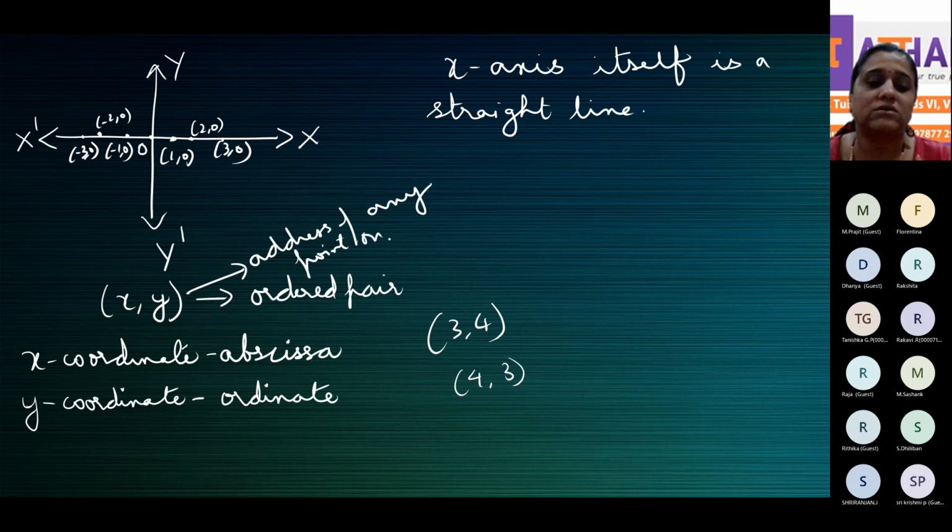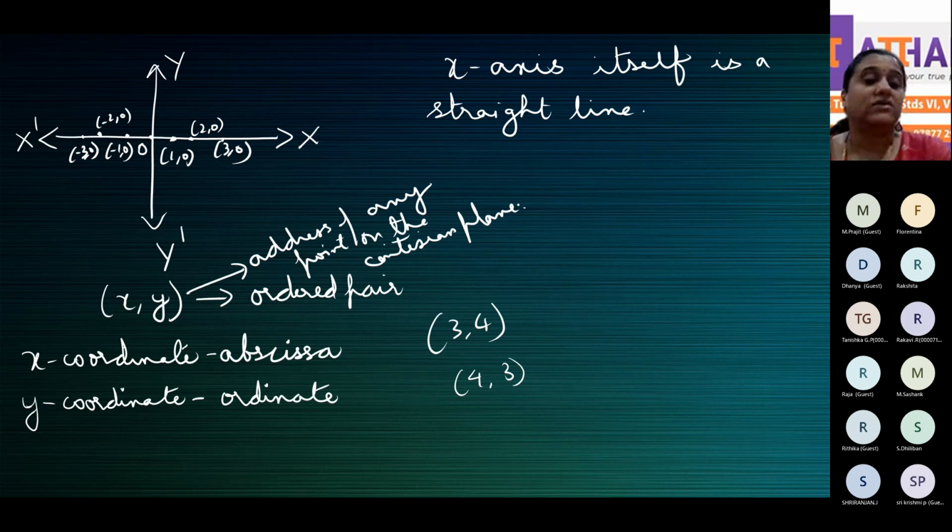The address of any point on the Cartesian plane looks like x, y. That's called the ordered pair. Order is very important. The x value or x coordinate is called the abscissa, and the y value or y coordinate is called the ordinate.